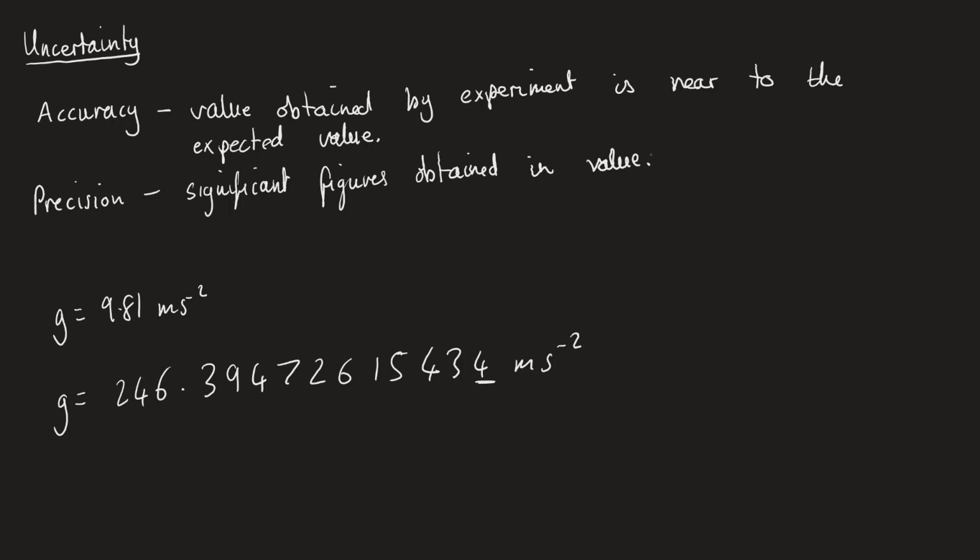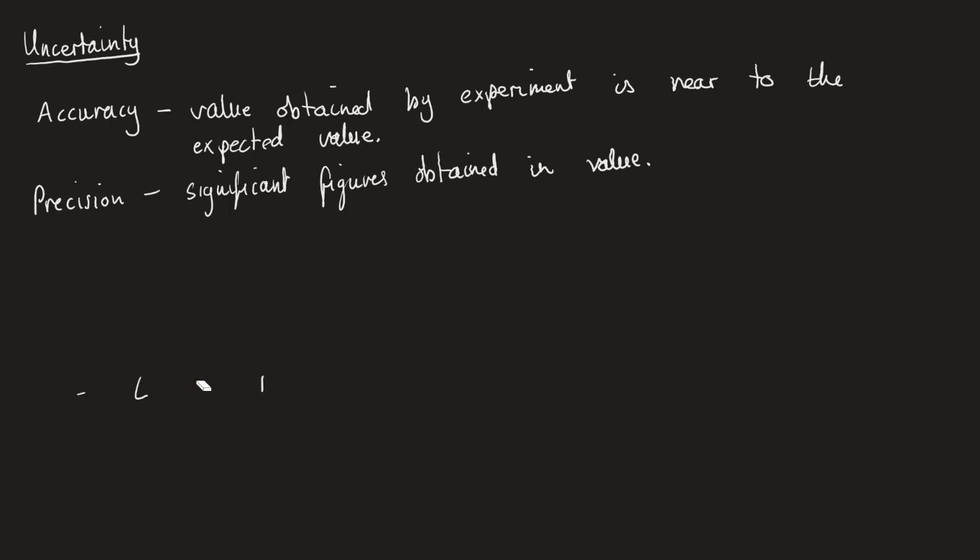Now, these are the general two that they will ask you to compare the difference between, but we will also have to know the meaning of the word resolution. Okay, so we need to have accurate and precise values that we measure, but in order to do that, the resolution of the instrument that we're using has to be quite high.